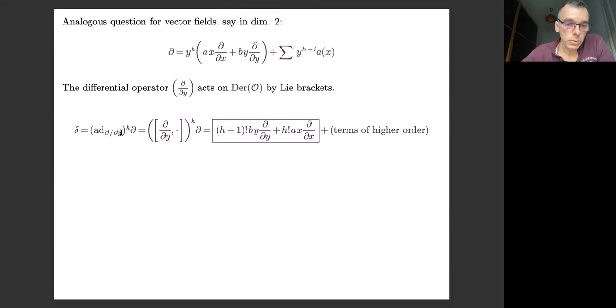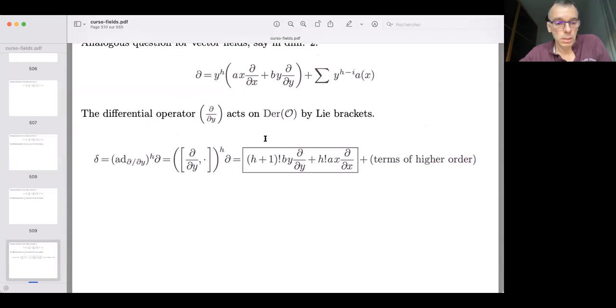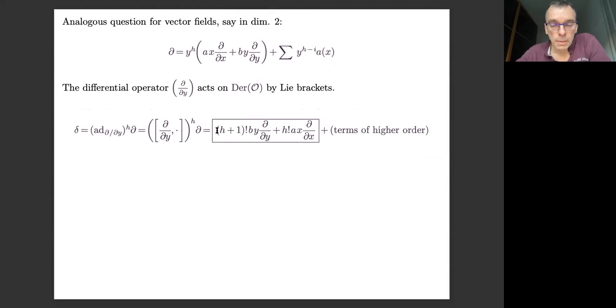I commented to you yesterday that this is the adjoint operator. Then you get a new derivation. Each time you decrease the power of y which appears here. So after h steps, you get something like this. There is an initial form like this, and then there are higher terms, which I don't want to comment on.